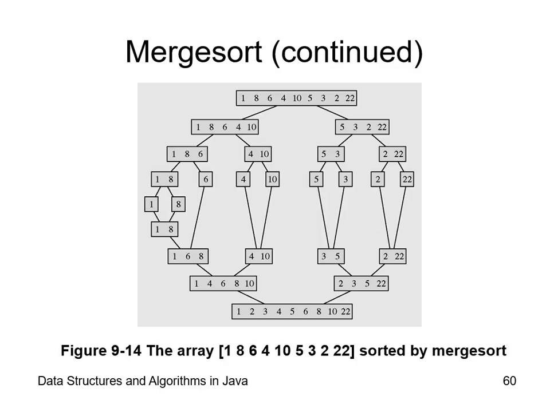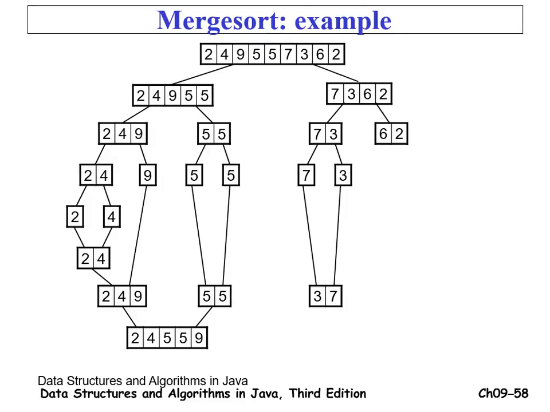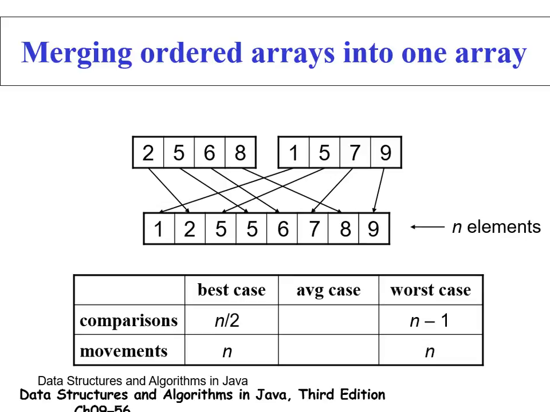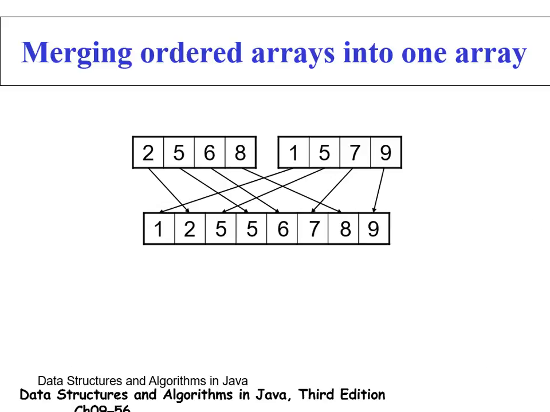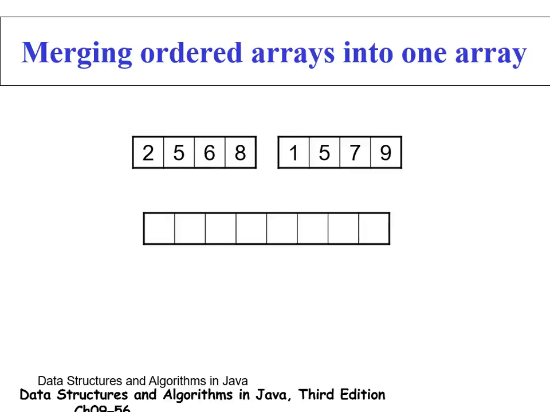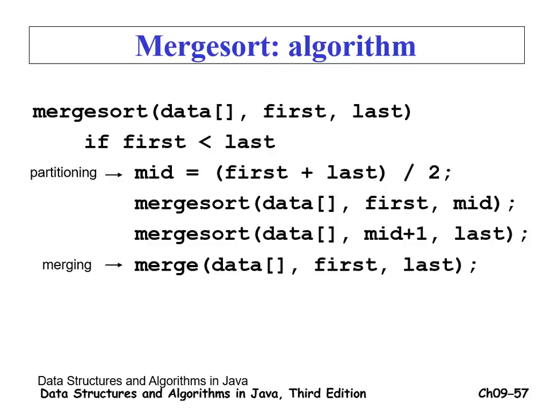How to do the merge? How to write this merge? What do we need? When you try to merge two sub-arrays, let's look at the way they show you. Merge the data first and last.